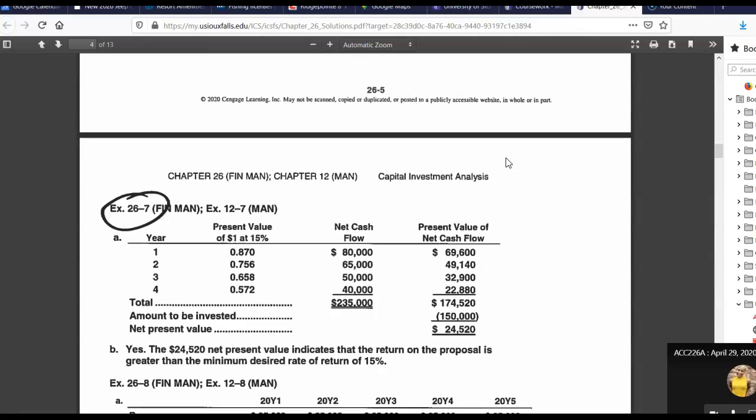Or you can say it this way. How much is $1,000 worth to you if you will receive that $1,000 in 3 years? Well, today it's worth $712.